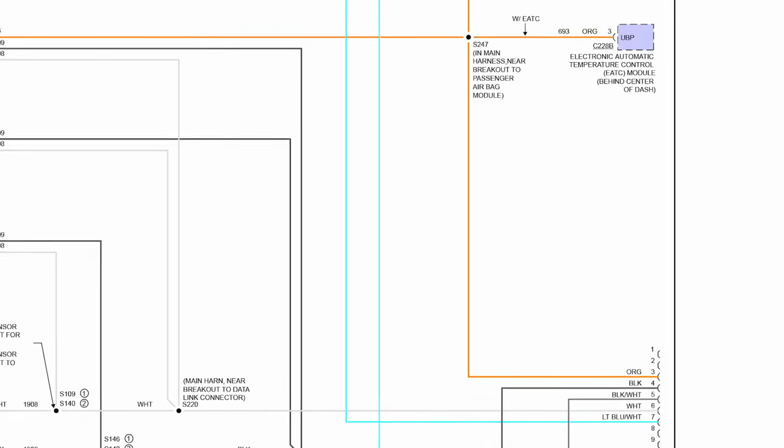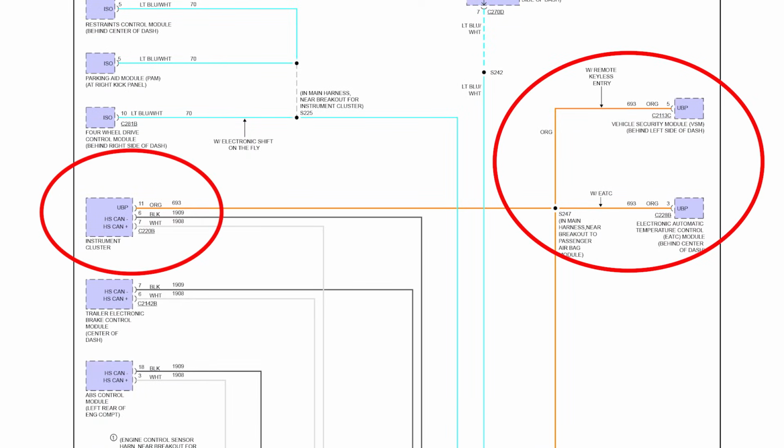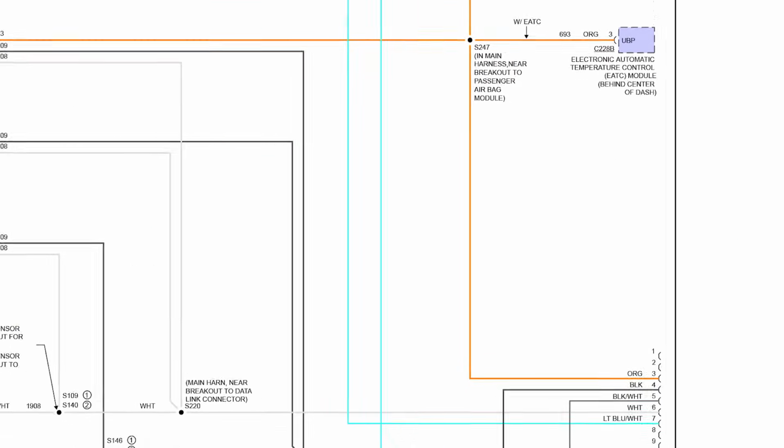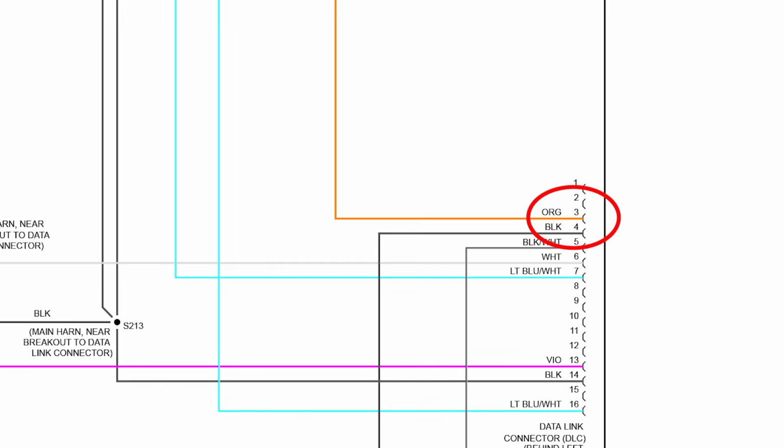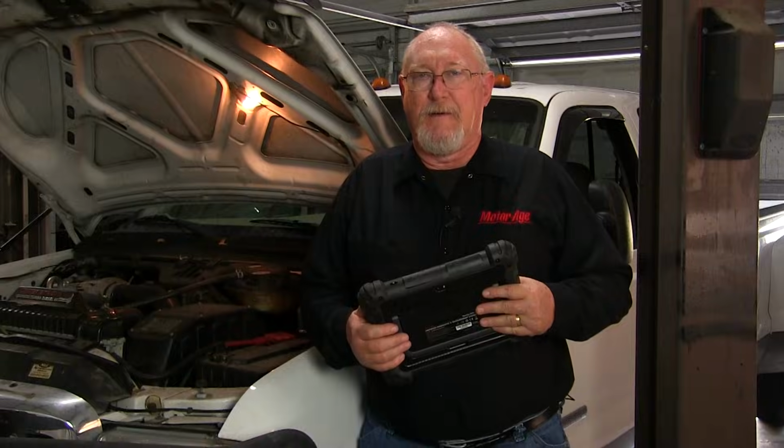The second is a UBP, or Universal Power Line bus. It too is a single wire network, but this one does allow for intermodule communication. It connects at the DLC at pin number 3. And finally, there's CAN.